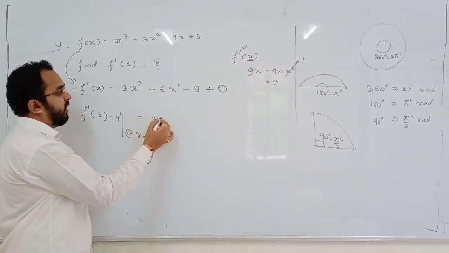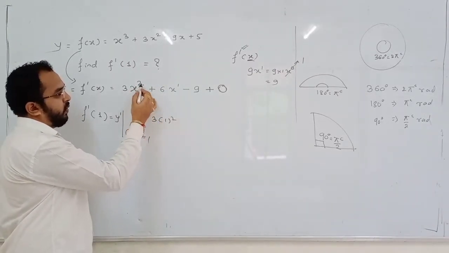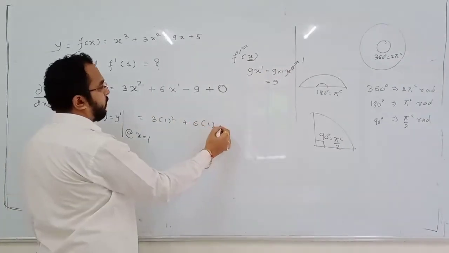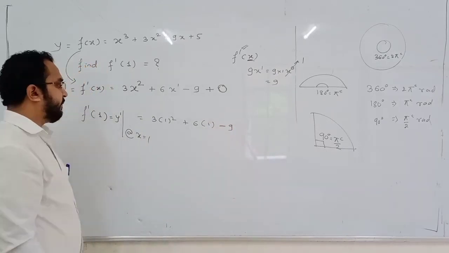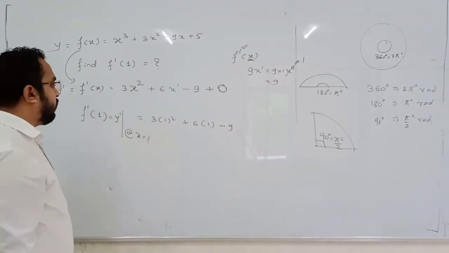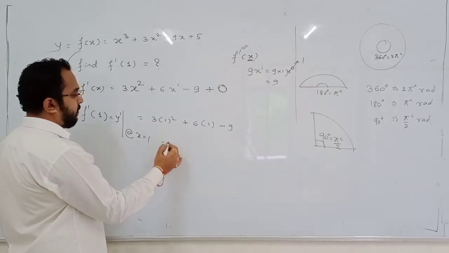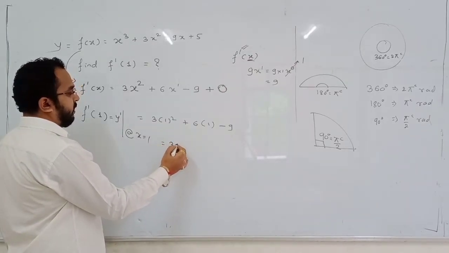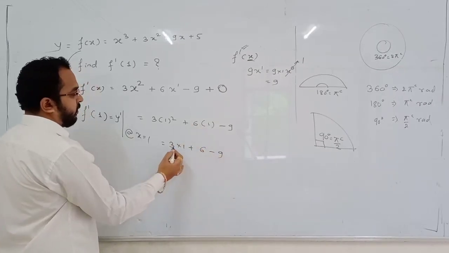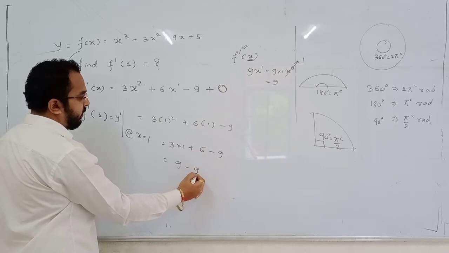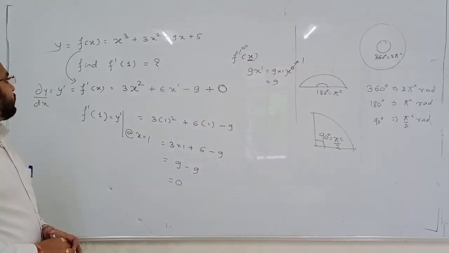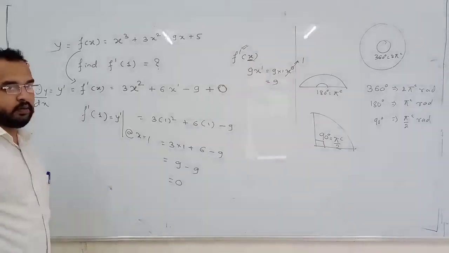So it will become 3 into 1 square plus 6 into 1 minus 9. Okay, so 3 into 1 square, मुझे क्या होना है, 3 plus 6 into 1, 6, minus 9, 3 plus 6, 9, minus 9, the answer becomes 0. Okay, so this is f dash of 1.